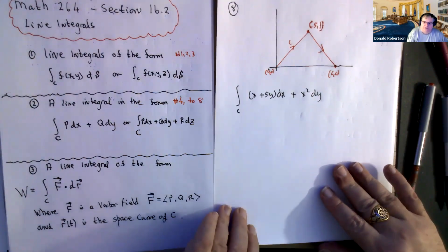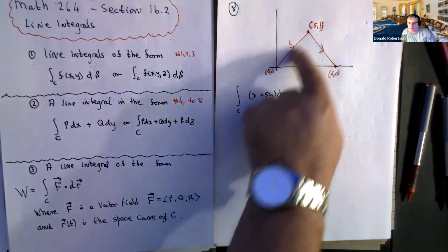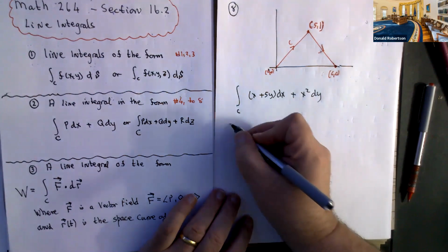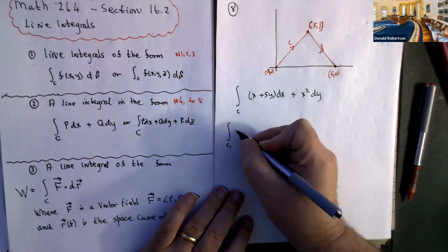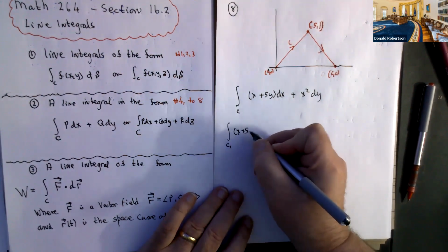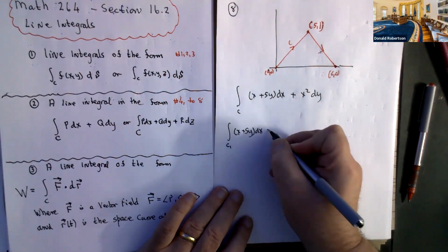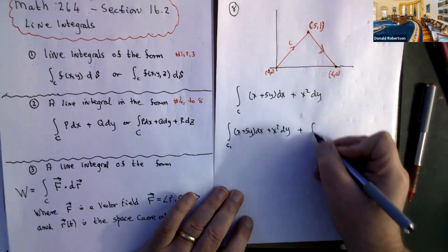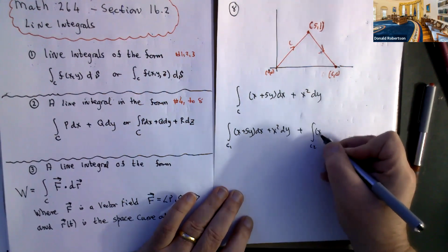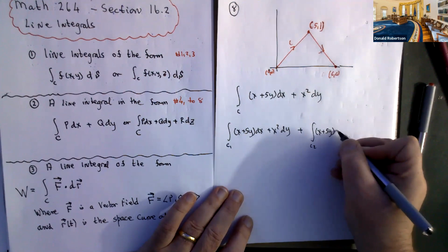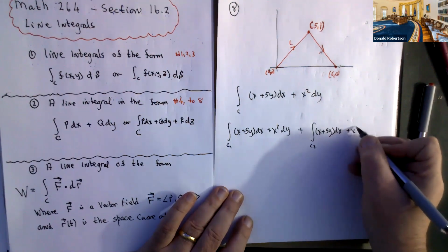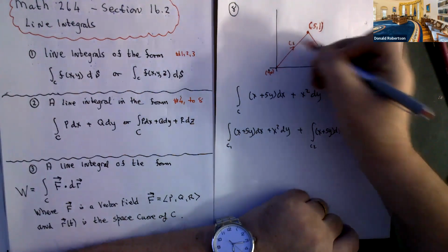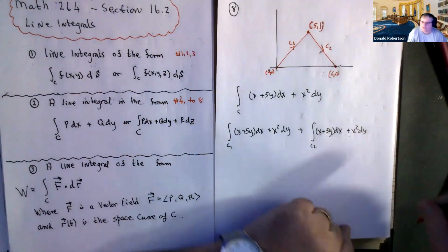What makes this weird is that it isn't actually one straight line, it's actually 2 straight lines. So what you have to do in this question is break it up into 2 distinct integrals. And I'm going to call this line C1 and this line is C2.